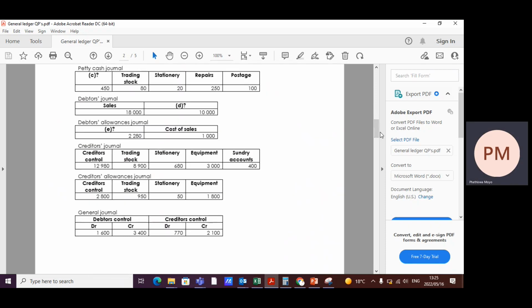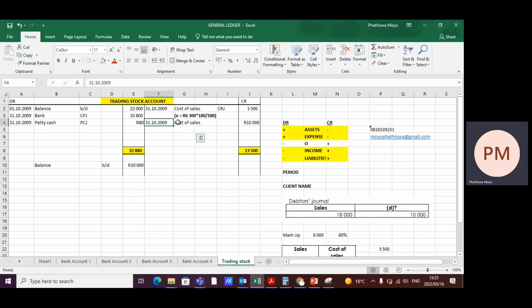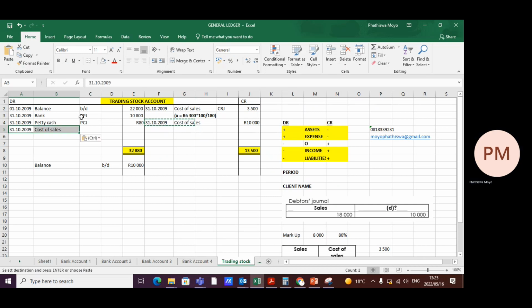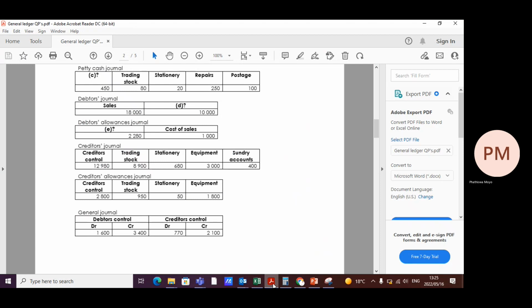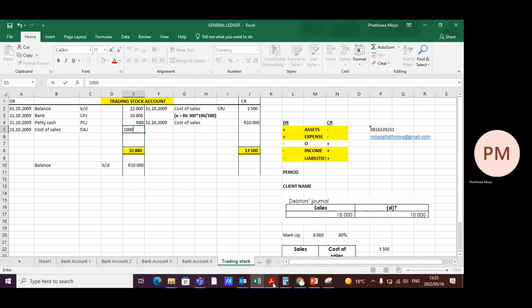They were not happy with the goods that we sold. So they returned the inventory. So we'll say cost of sales, DAJ, R1,000. Okay.